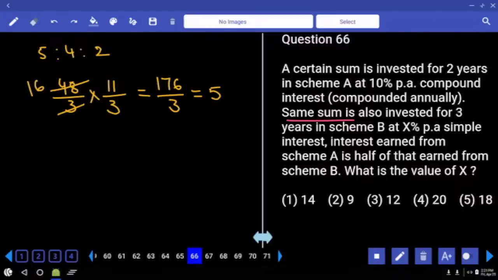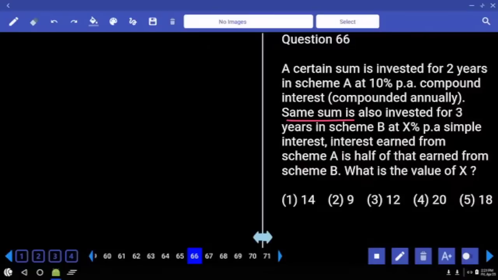Because they are comparing interest, let me take the interest earned from scheme A. Scheme A, simple or compound? Compound. Rate of interest 10%. How many years? 2 years. What interest do we get? 21%. Let us assume our principal in both cases as 100%. Are you okay? So 21% of 100% is 21%.